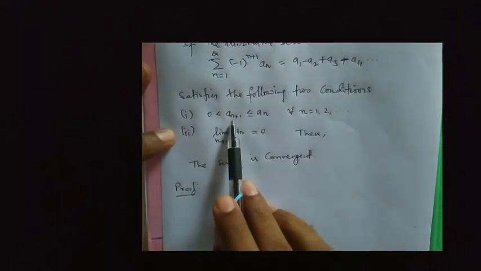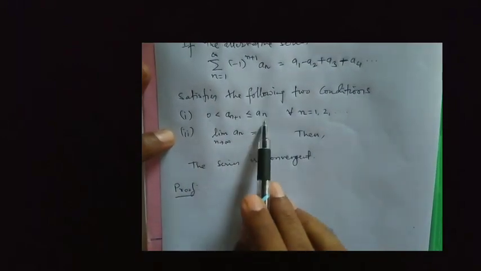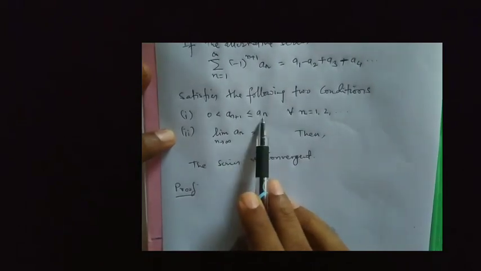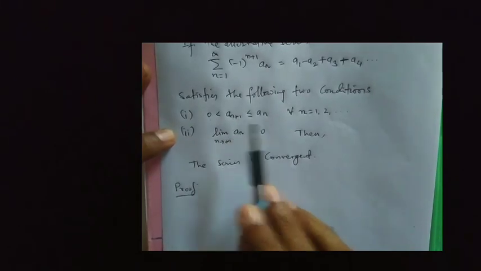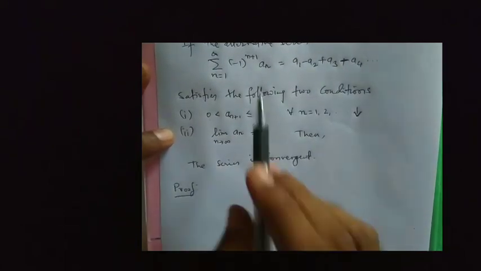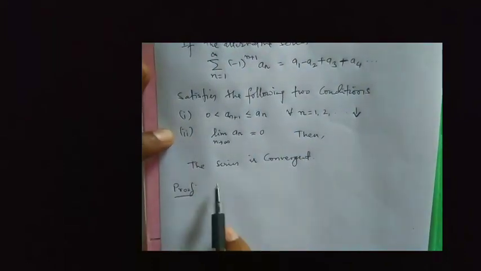Here the next term is less than or equal to the previous term, which means the sequence is decreasing. When your alternative series has a decreasing sequence and the limit of the nth term is equal to 0, then according to this Leibniz test, the series is convergent.